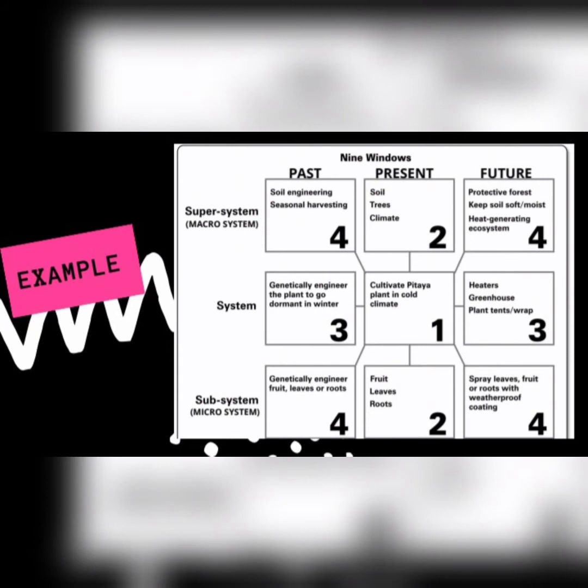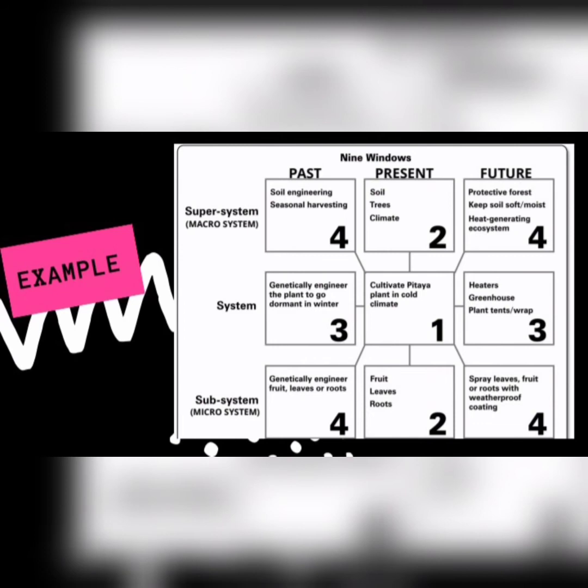Then in the cell supersystem and present is the external environment that the problem interacts with, which is soil, trees, and climate. After that, in the cell subsystem and present are the components or parts of the problem, which in this case are fruit, leaves, and roots.